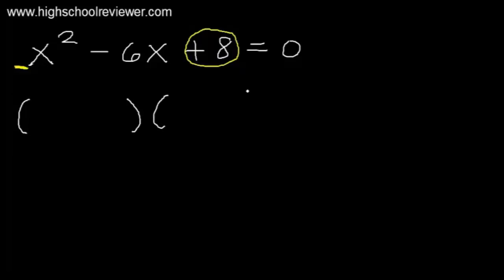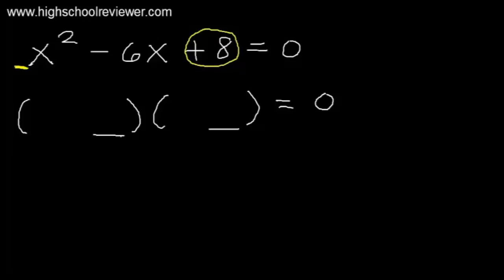Okay, and then equate this to 0. Now we will find two numbers, or we will find factors of positive 8. So these two numbers, when they are multiplied by themselves, will give us a product of positive 8.